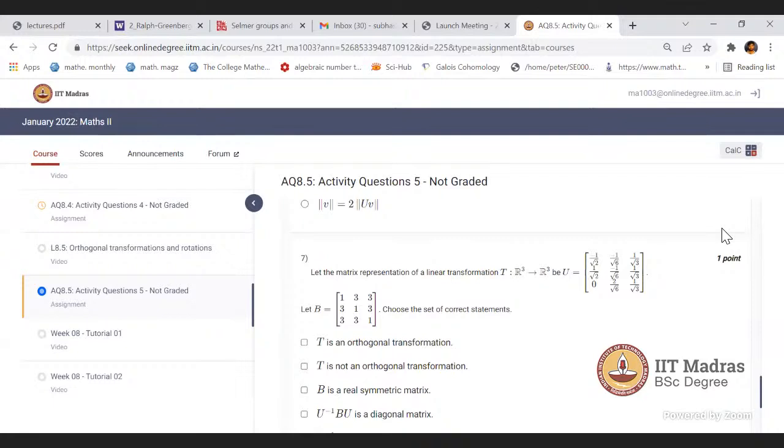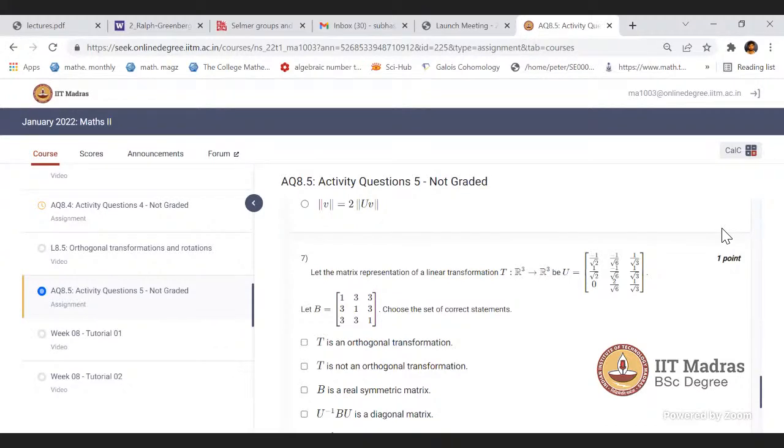Unless you are getting the matrix with respect to the standard ordered basis, you cannot say that T of X equals U times X. Once you know you are computing the matrix representation with respect to the standard ordered basis, then I can blindly say that T of X is U times X.